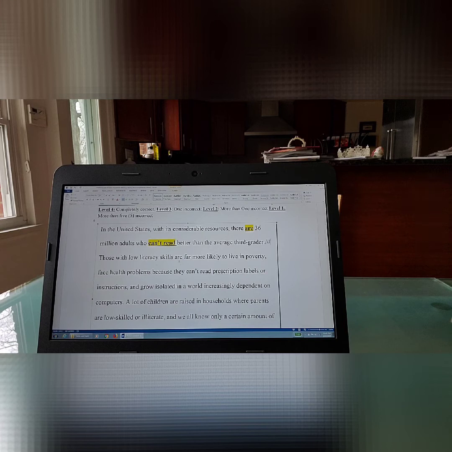Second sentence. Those with low literacy skills are far more likely to live. That whole thing right there is the verb phrase. So we're going to underline that, bold that, and highlight that. Okay. So are far more likely to live.